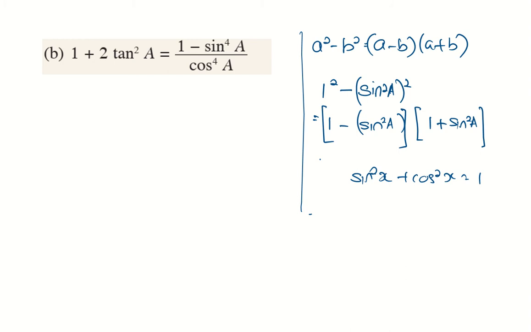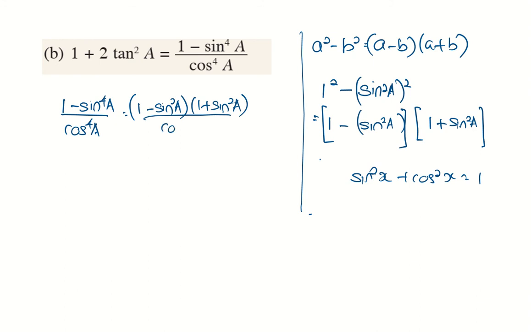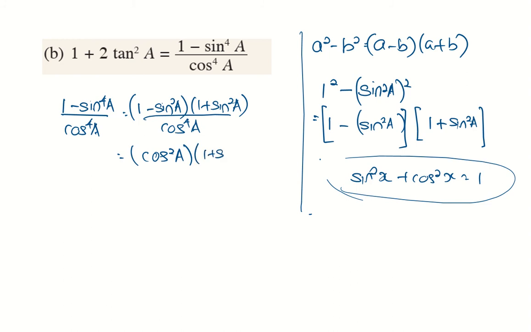I will start from the right hand side. 1 minus sine power of 4a over cos power of 4a equals to 1 minus sine square a, 1 plus sine square a over cos power 4a. 1 minus sine square a, from here we know it is cos square a. 1 plus sine square a over cos power of 4a.